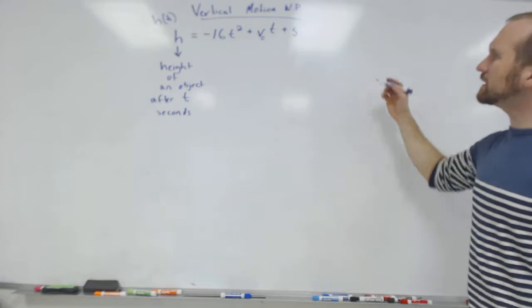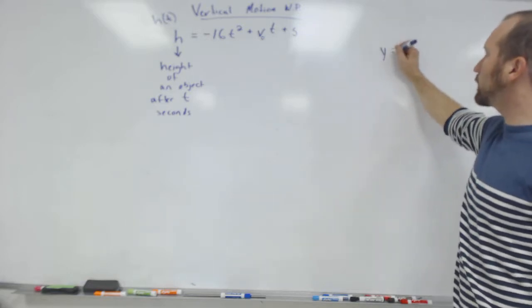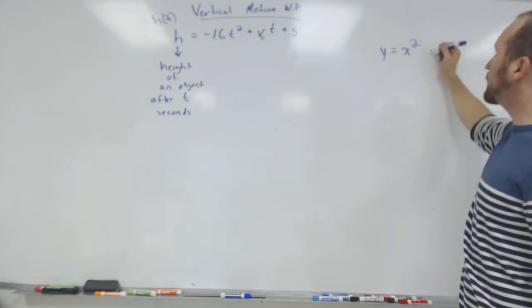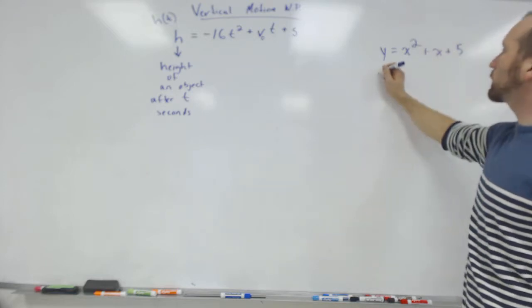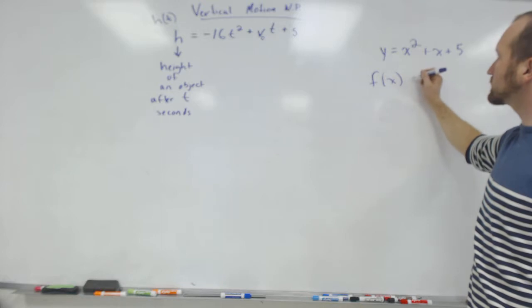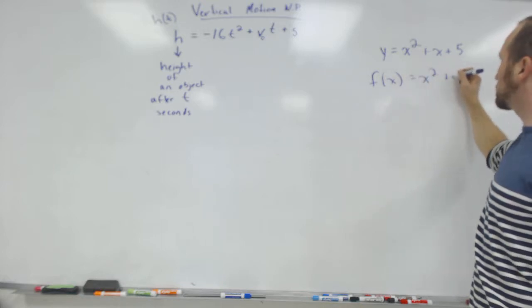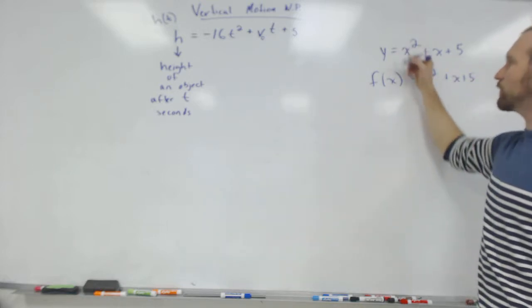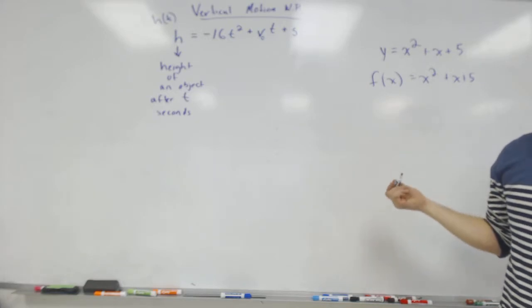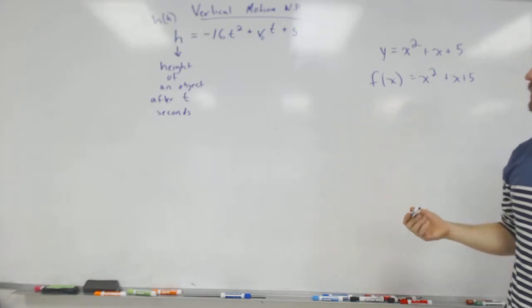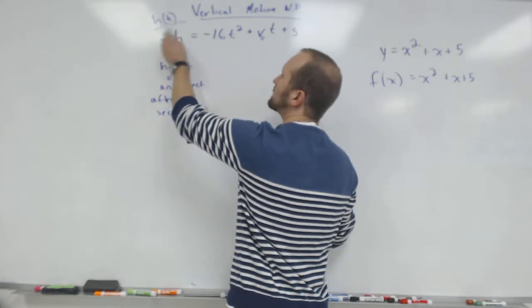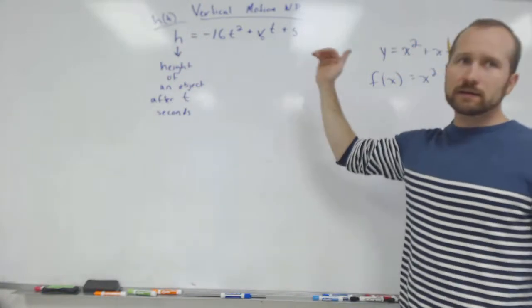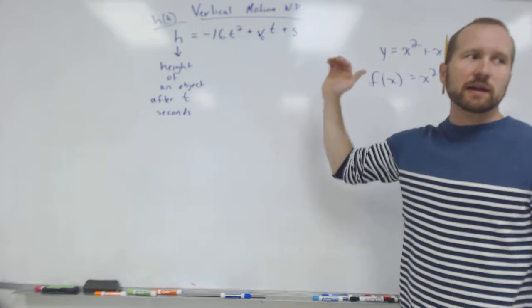You guys have seen notation like that before because we've done something like y equals x squared plus x plus 5, but then we've also done f of x instead of y. It's just a different way of writing it. I think technically this one is better because it reminds us that it's not a certain height.